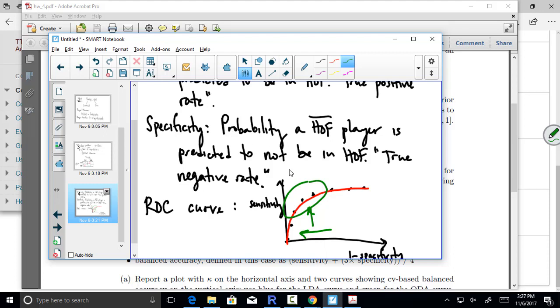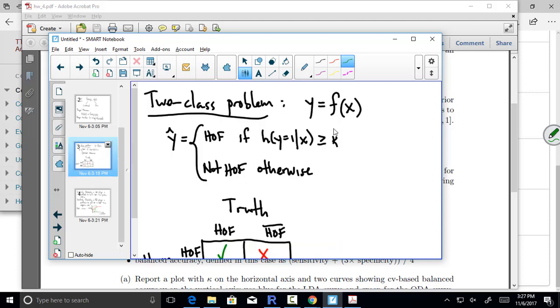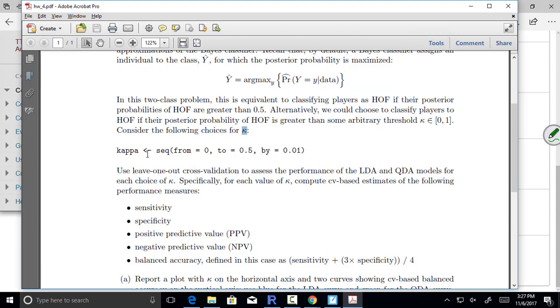So for your homework, I'm asking you to consider a variety of choices for kappa. Here are the choices that I'm requesting specifically. You don't have to go above 0.5. You never get posterior probabilities bigger than 0.5 with these data, just because it's so rare that players are in the Hall of Fame. So you're going to consider choices of kappa from 0 up to 0.5 in increments of 0.01.